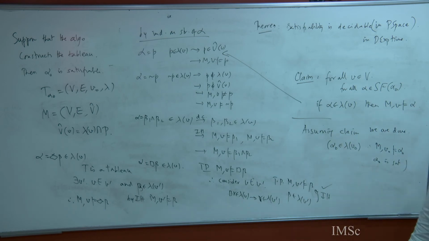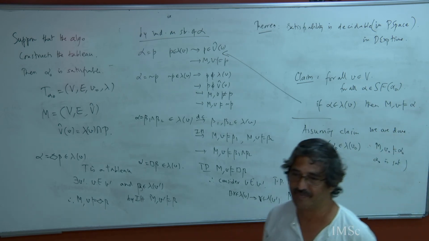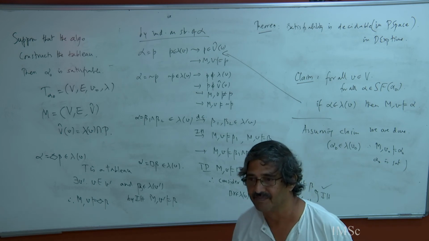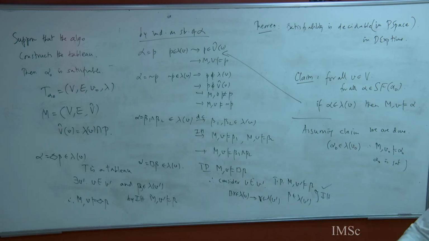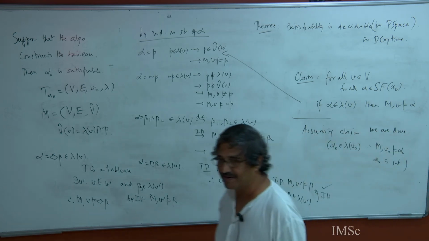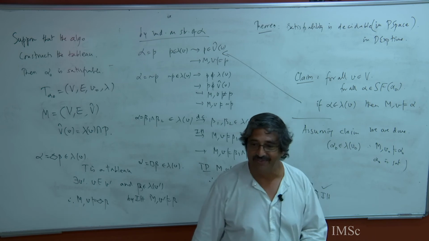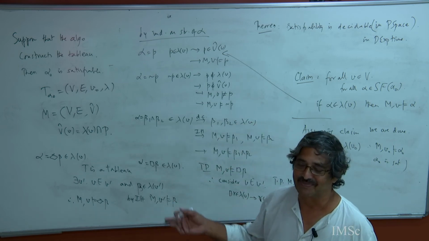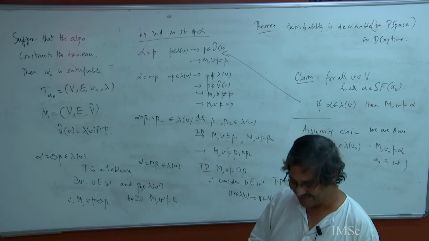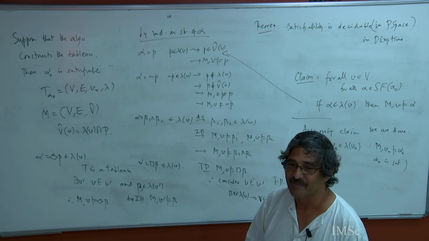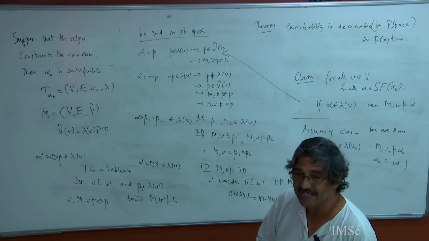And if it is satisfiable, you will find one. There is no problem. You can manage your stack carefully and do this. Of course, if you believe that p-space and exponential time are all the same thing, then it doesn't matter. But yeah, okay.